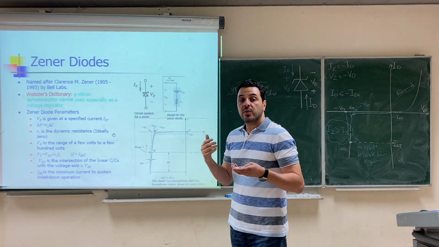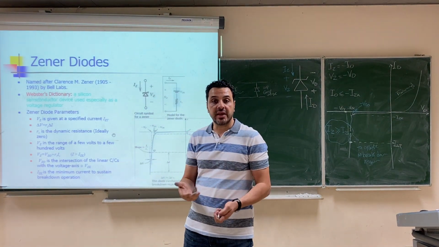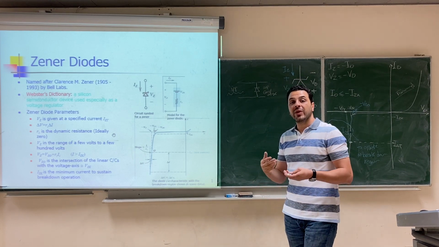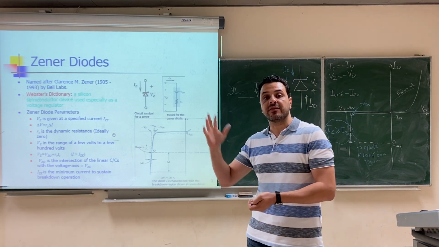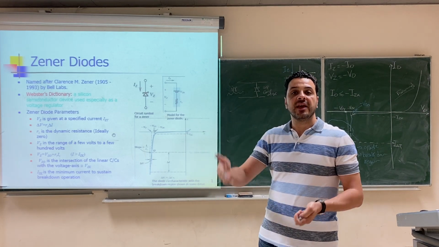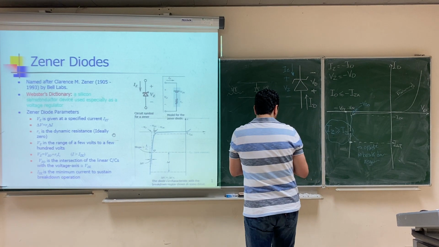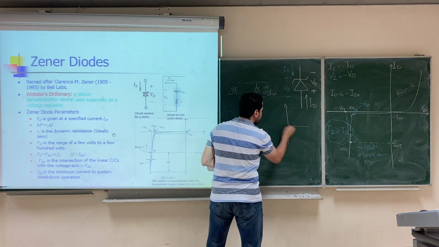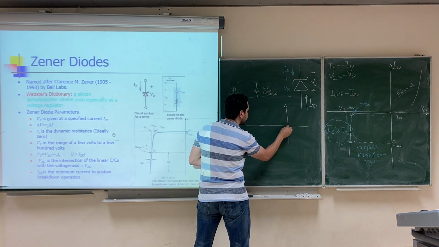Now, in order to solve or design problems that contain Zener diodes, we need to model, similar to what we did with the regular diode. We modeled the forward bias region using 3 different models. Here we are going to model also the Zener diode. The Zener diode can be modeled by a relation in the breakdown region that looks like this.